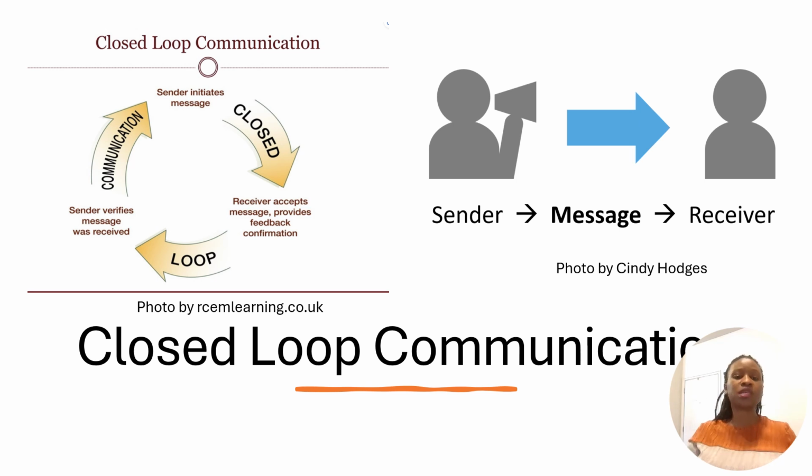So we'll start with the sender initiating the message. When the sender does initiate the message, sometimes it's not automatic that the receiver just gets the information and moves on. The receiver needs to accept the message. They need to provide feedback, confirmation that they received the message.